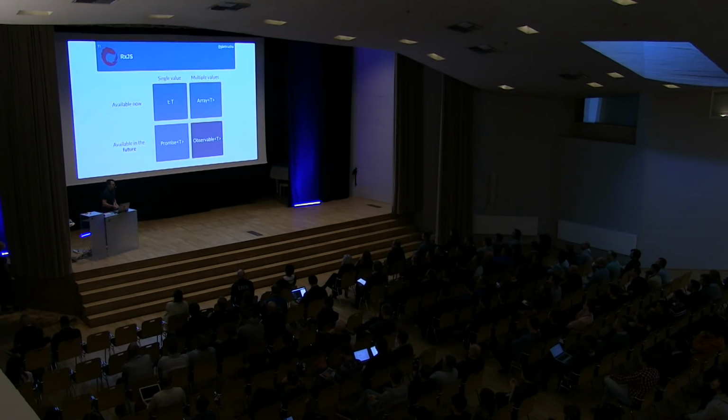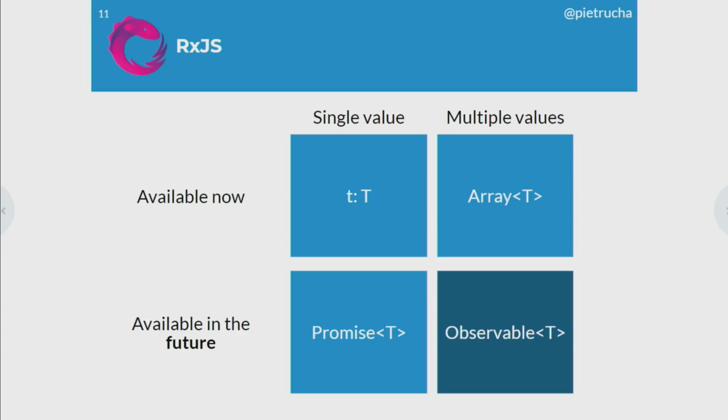We will be using the term observable very often in this talk. If you compare what an observable is to a scalar value, an array or a promise, this picture shows you how it fits into the whole picture. If you think about a single value that is available now, you have a scalar value. If you have multiple values, that's an array, but they are available right now.